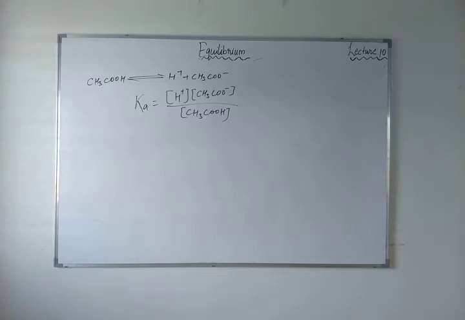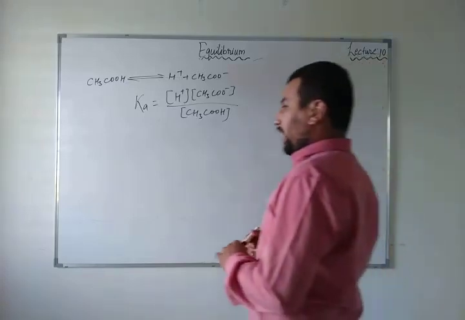Just suppose the initial concentration of this acetic acid is 0.05 molarity. Just suppose I am telling you, okay? If you know this value, then it's very well. See, no need to worry.